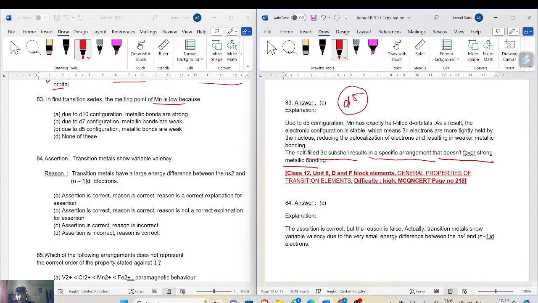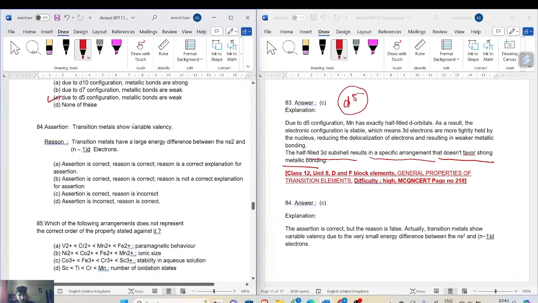Due to the 3d geometry of the d5 configuration, manganese can't show higher melting and boiling points. That's why manganese has a lower melting point, due to the geometry and arrangement in the 3d space. So it will have weak metallic bonding. So the correct answer will be: due to d5 configuration, metallic bonds are weak.